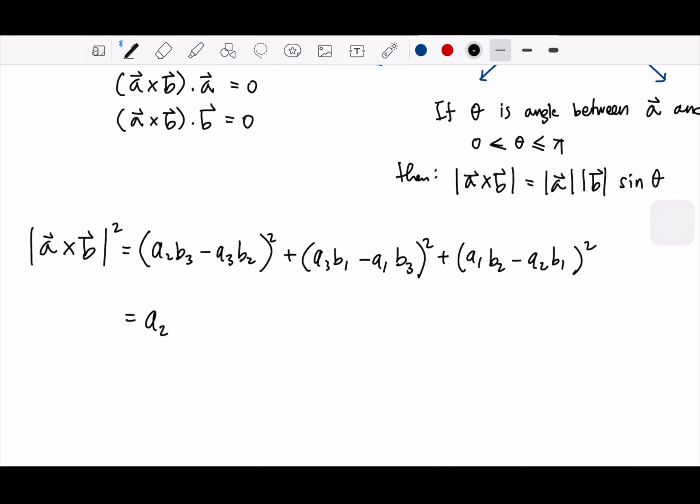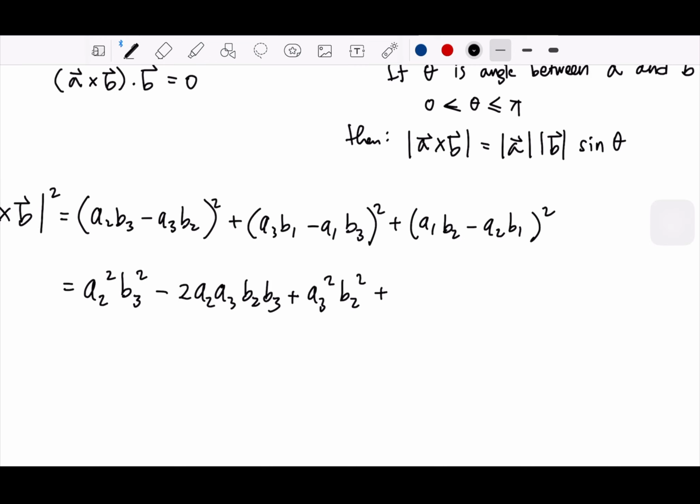square: A2 squared B3 squared minus 2 A2 A3 B2 B3 plus A3 squared B2 squared, plus A3 squared B1 squared minus 2 A1 A3 B1 B3 plus A1 squared B3 squared.